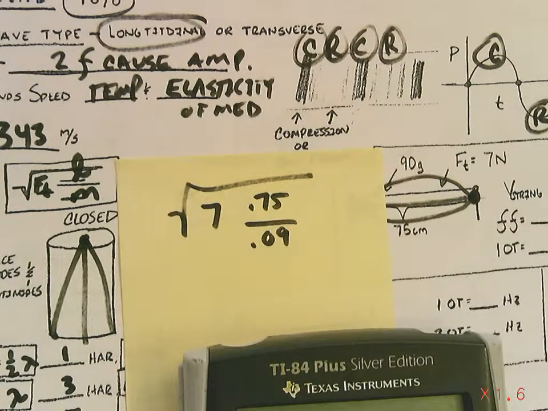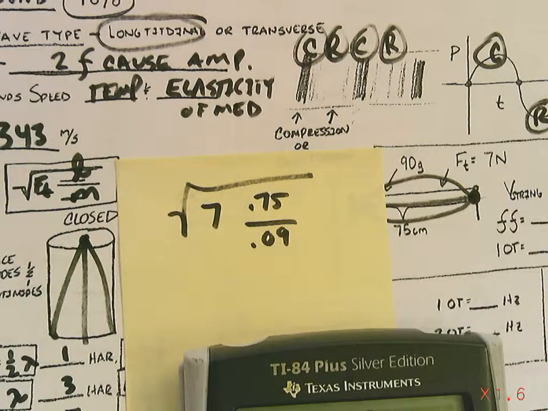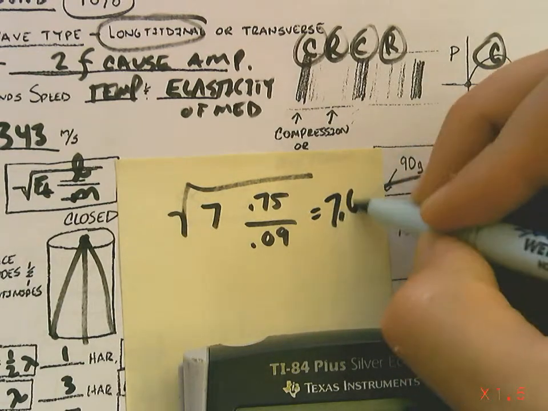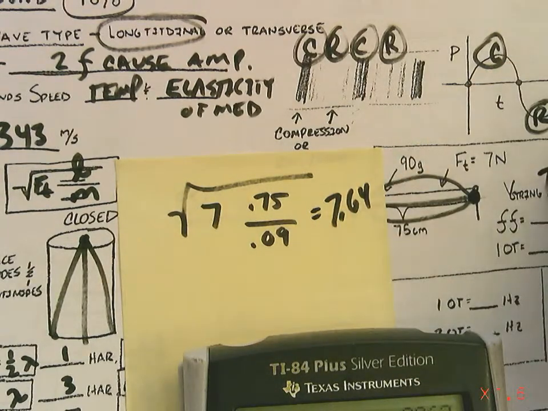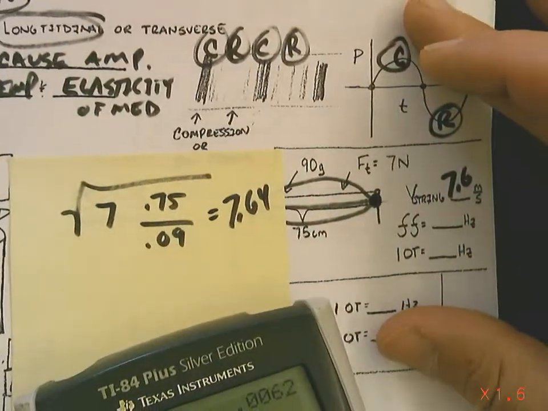So when I do that, I get 7.64. Let's just double check it. 7 times 0.75 divided by 0.09, square root. 7.64. So that's the velocity, 7.6. That's the velocity in the string.